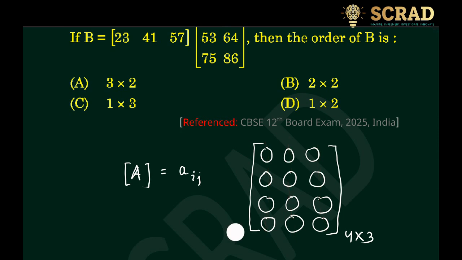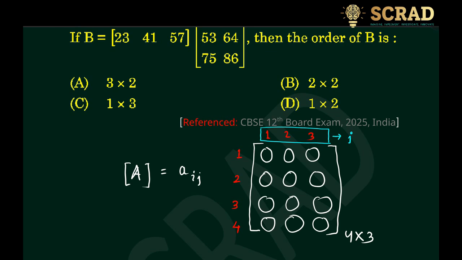Rows are denoted as numbers: this is the first row, the second row, the third row, the fourth row. We have 4 rows in this example, and columns are denoted like this: first column, second column and third column. These sets of numbers are called indexes of columns and we denote them using j.